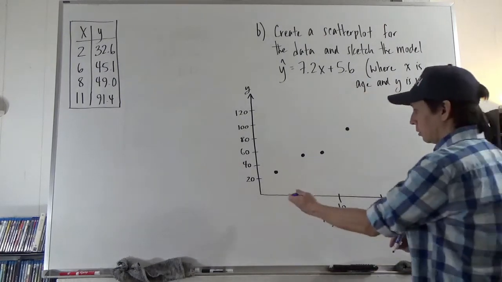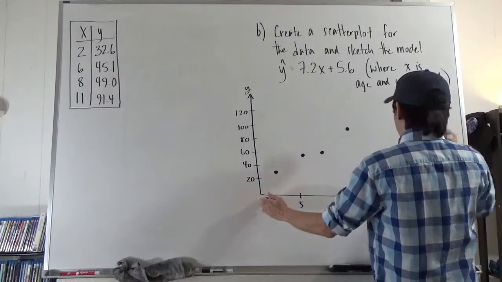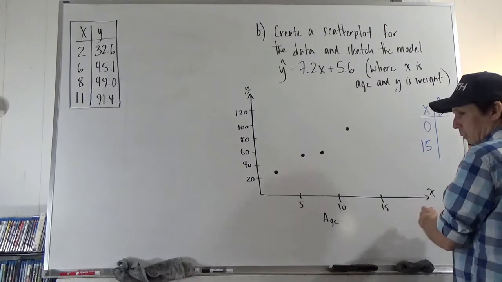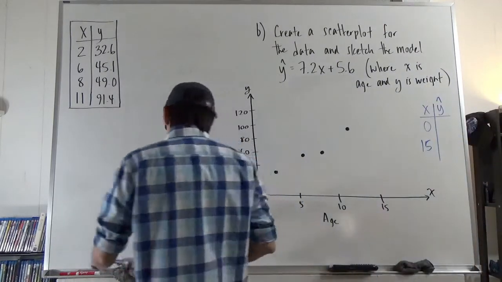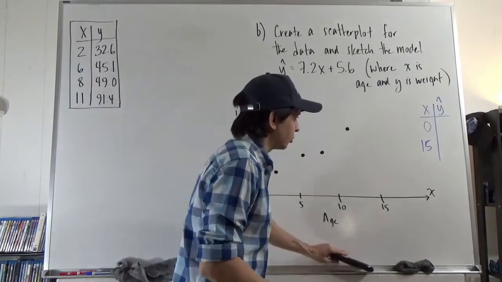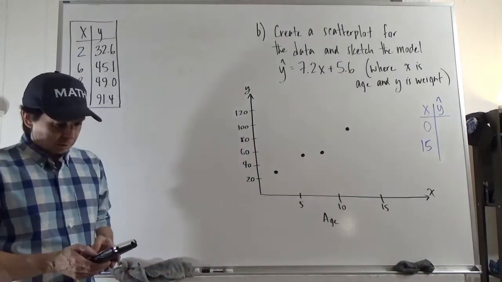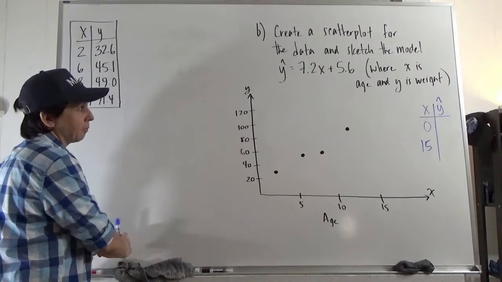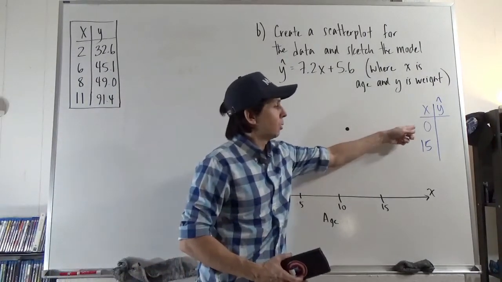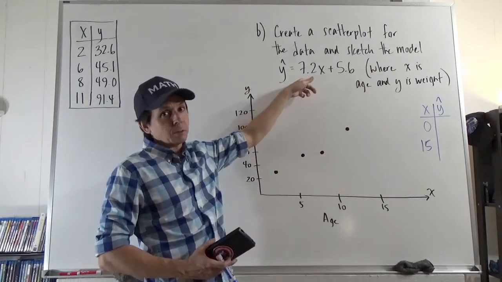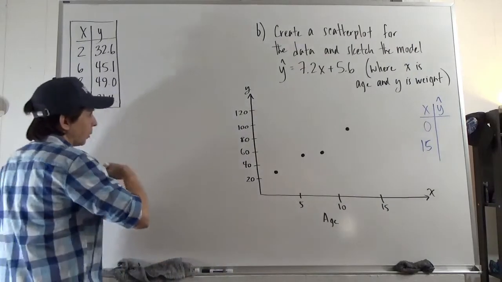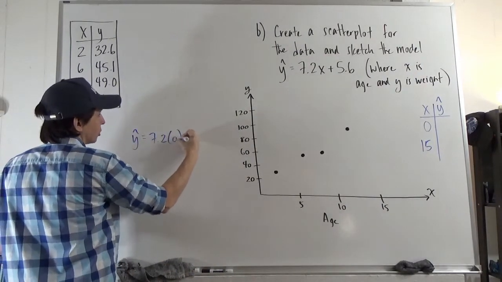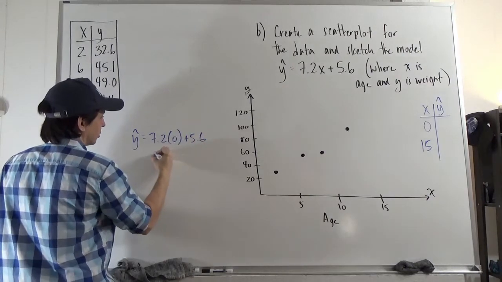Okay, but let me start with age 0. The far left of the graph, and I'll just go to 15, because I made the graph a little bit longer. You could do 20 if you have enough space for that. I'm plugging into the model. So y hat is equal to 7.2 times 0 plus 5.6.